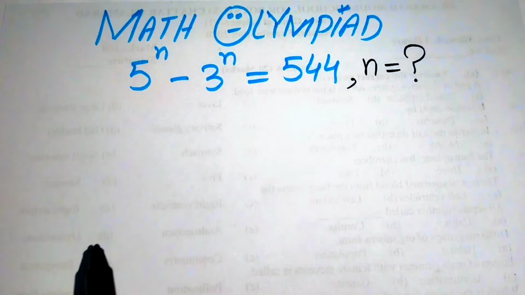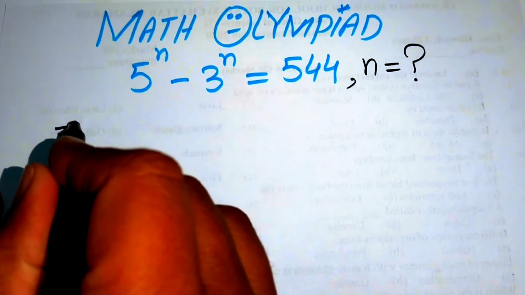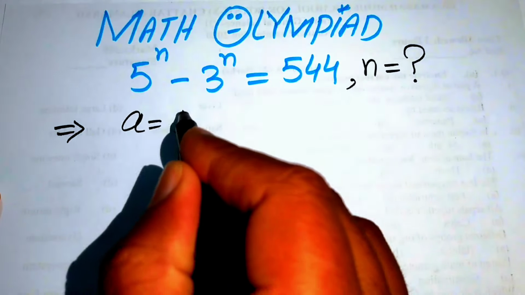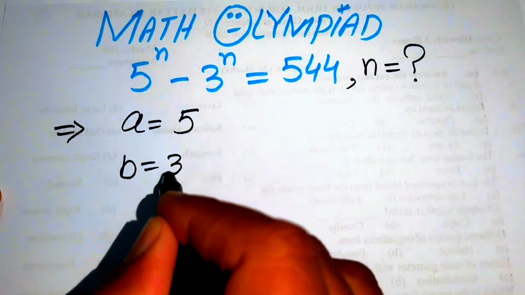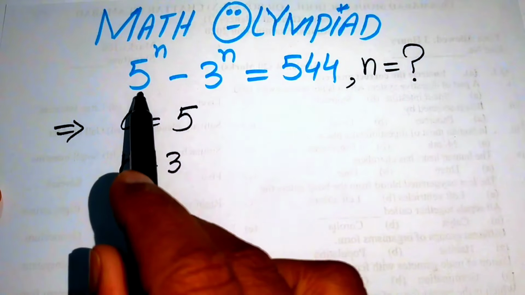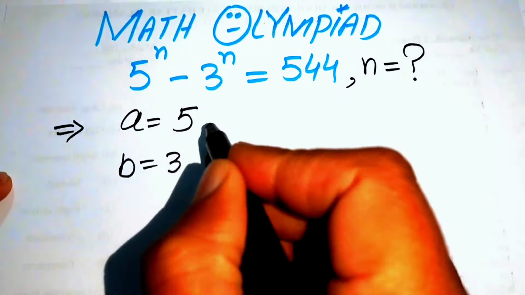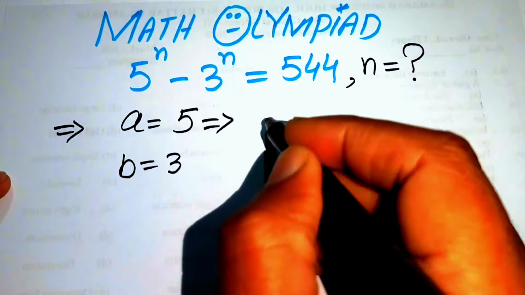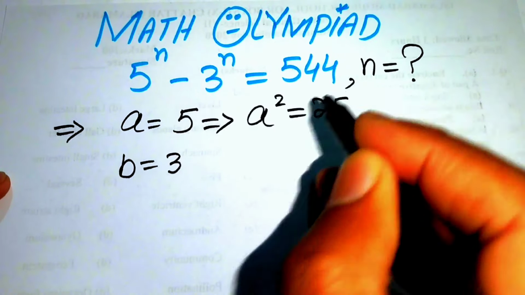In this method, first we take a equals 5 and b equals 3. When we take the square of both sides of a equals 5, we get a square equals 25.